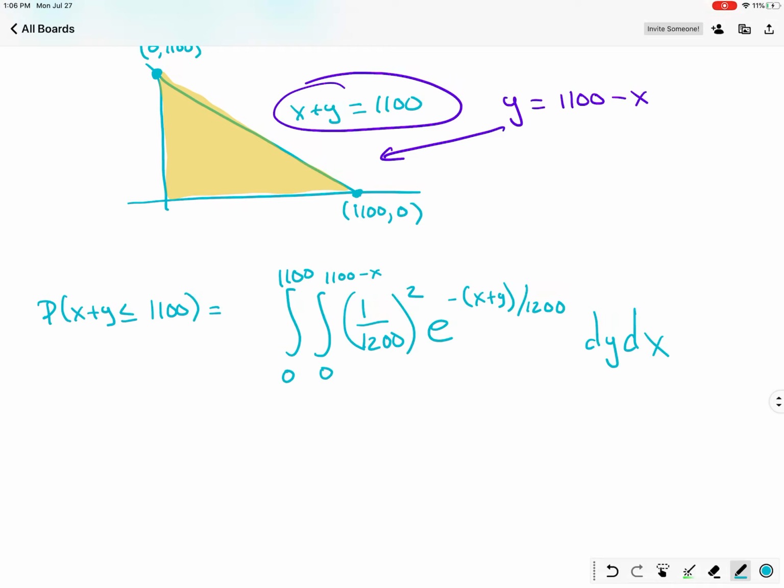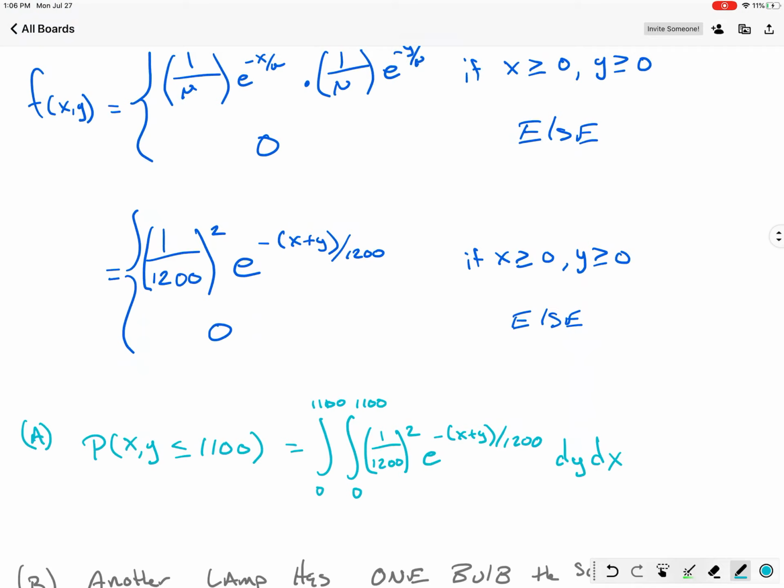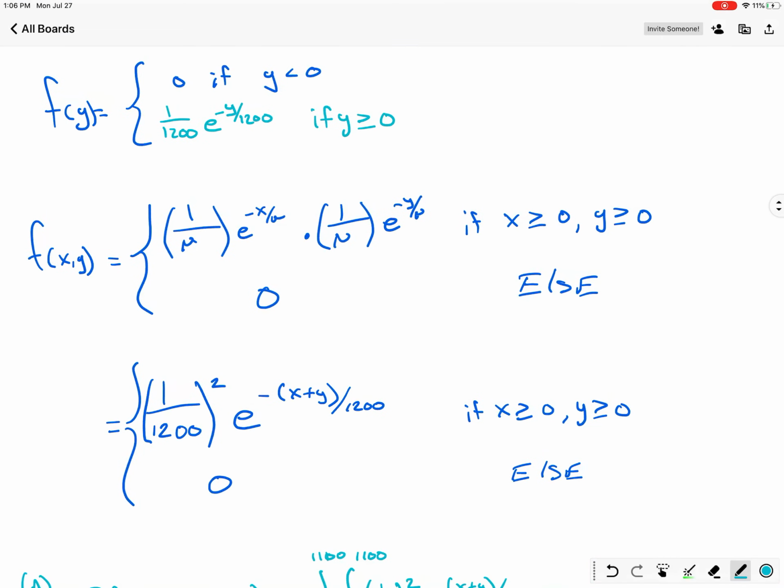Now, one thing I want to point out is in both of these situations, the bulb was the same, right? Bulb A and bulb B are the same. But if we have the situation where bulb A was different than bulb B, when we combine them together, the mathematics would look a little different.